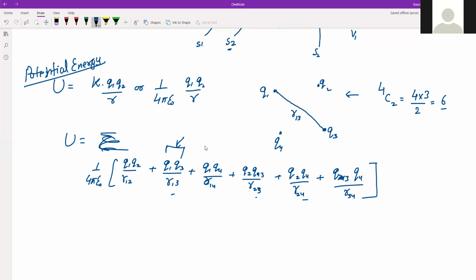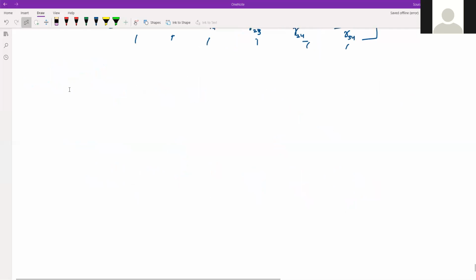So there are six such combinations. You can compute for all such combinations and add them. That will be the total potential energy, right? And the same thing can be written in the form of a formula like this.